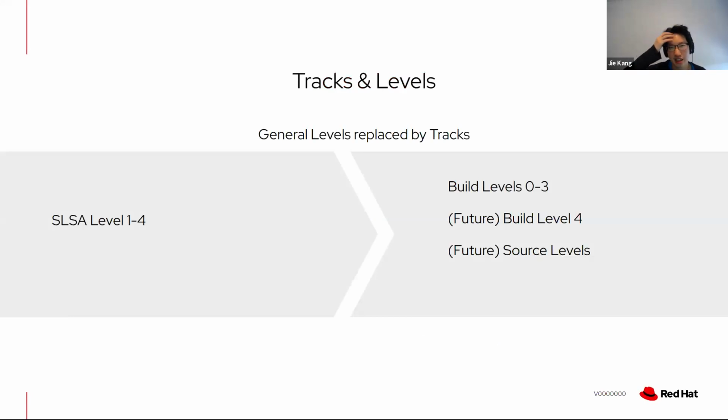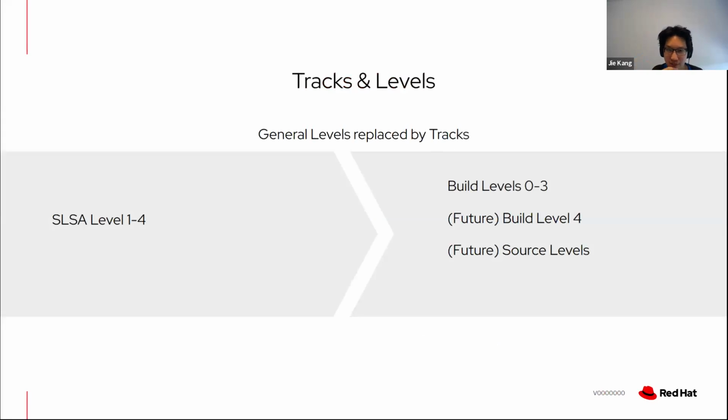Next, they did a pretty big overhaul of the original concept of levels into levels that are in tracks. So the general levels that they previously had, levels 1 to 4, are now replaced completely by the concept of tracks and individual levels within them.